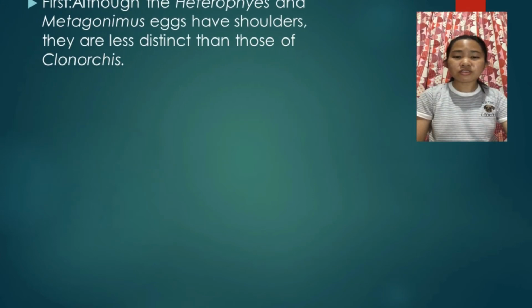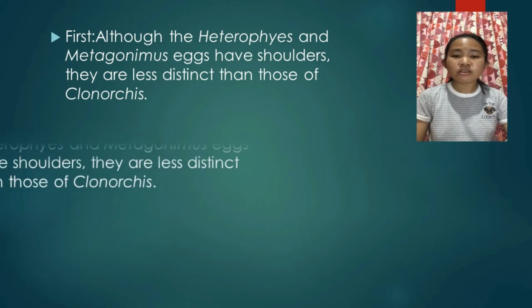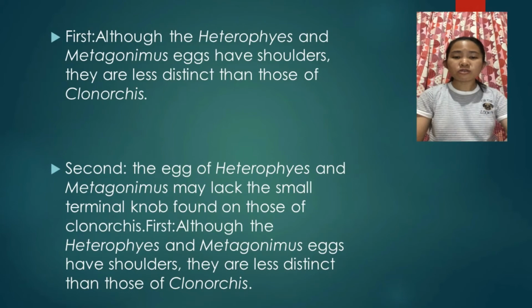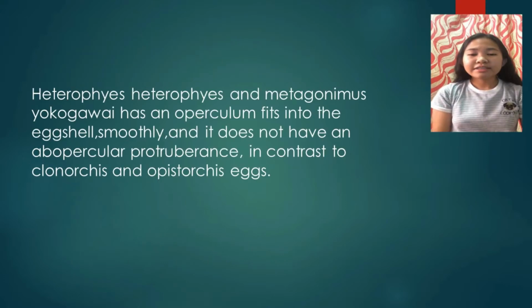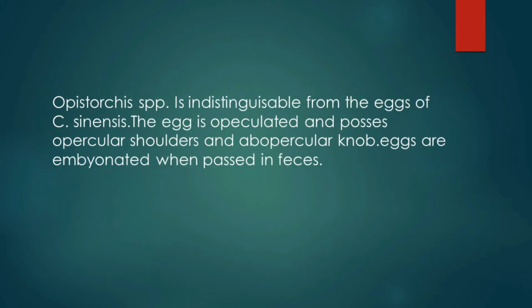Although the eggs of Heterophyes heterophyes and Metagonimus yokogawai have shoulders, they are less distinct than those of Clonorchis sinensis. Second, Heterophyes heterophyes and Metagonimus yokogawai have an operculum that fits into the eggshell smoothly and do not have an abopercular protuberance, in contrast to Clonorchis sinensis and Opisthorchis eggs. Opisthorchis eggs are indistinguishable from the eggs of C. sinensis.